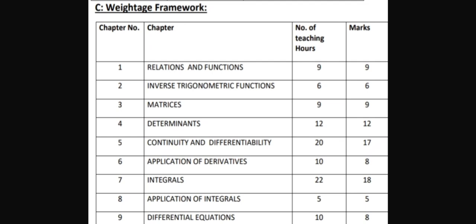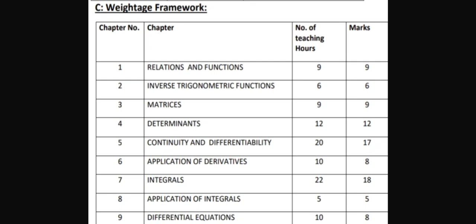This chapter carries 8 marks. Then another important concept, integrals. This chapter contains 18 marks of weightage. This is the chapter carrying the most marks, but if you neglect it, it's okay. Otherwise, prepare well for this chapter.